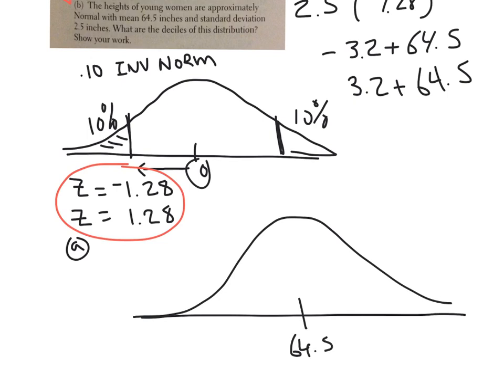And we're going to add a certain amount and subtract a certain amount to see where we're at. There it is. We are adding and subtracting this 3.2. So what does that tell us? It tells us that 10% of these women are shorter than this amount right there, and 10% of the women are taller than that right there.